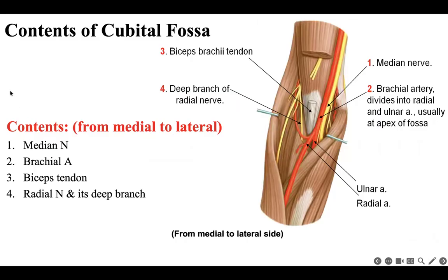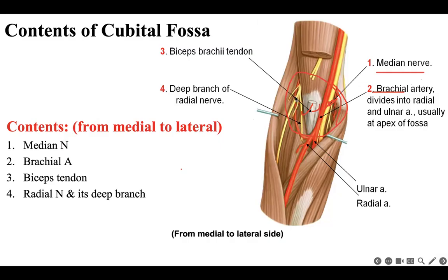What are the contents of the fossa? If you wanted to see the contents of the fossa, as we see here: nerve, artery, tendon, and nerve. From medial to lateral, the most medial nerve you will see is the median nerve. After that, we will see the artery, brachial artery.